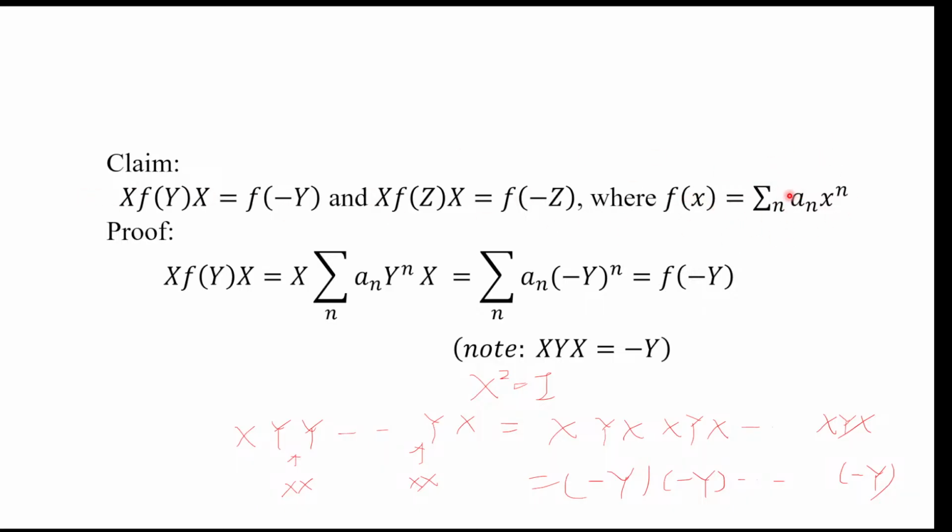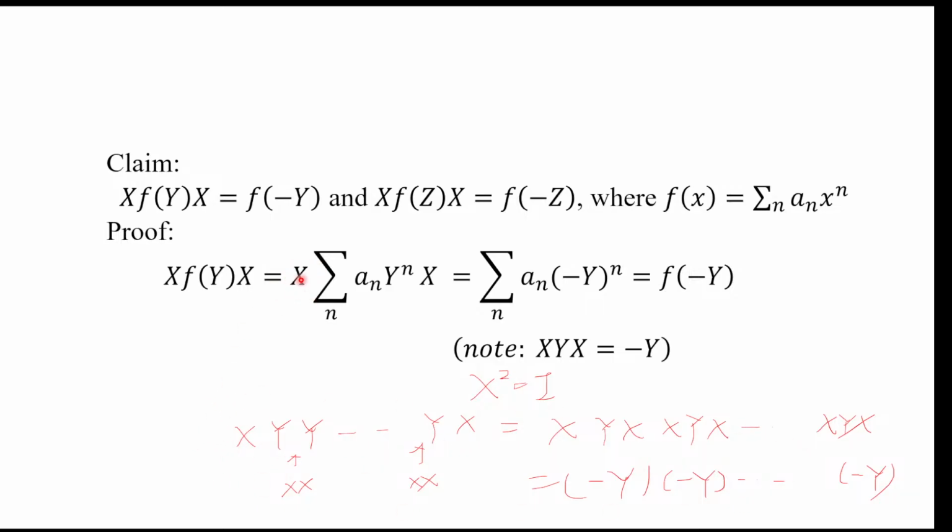Okay, so the function is some polynomial, some summation over n of a_n x^n. And yeah, so we say it is a polynomial expansion, and we know what the polynomial applied on a Pauli matrix is, and that's the same polynomial with the Pauli matrix to some power n.